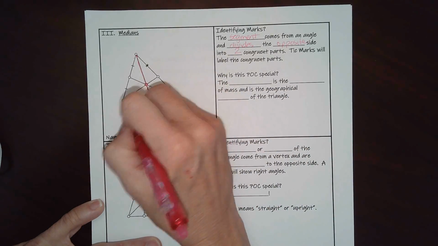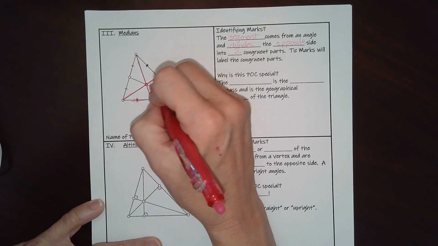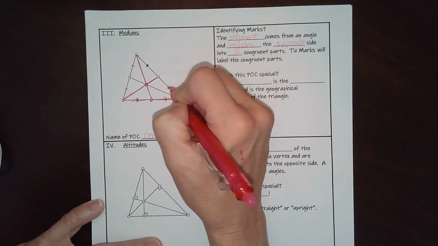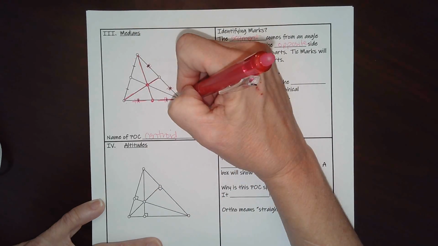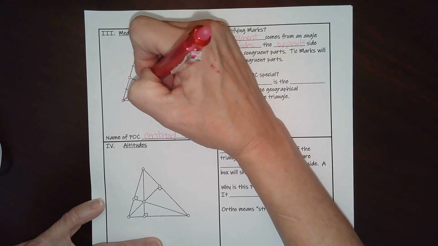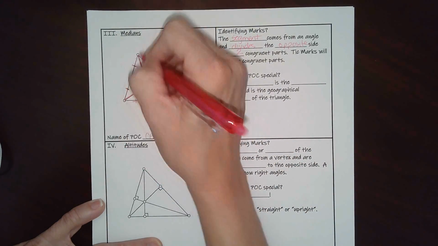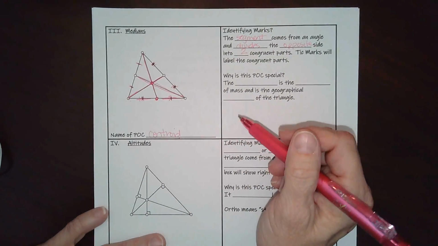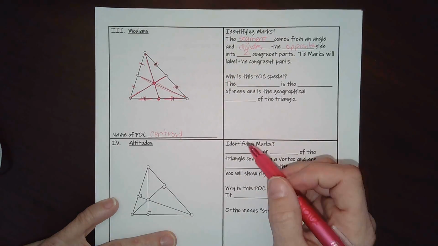So notice that this segment comes from an angle and it divides this side into two congruent parts. And then same thing with this segment, it comes from an angle, goes through that point, and divides this side into two congruent parts. And so the marks will label the congruent parts.